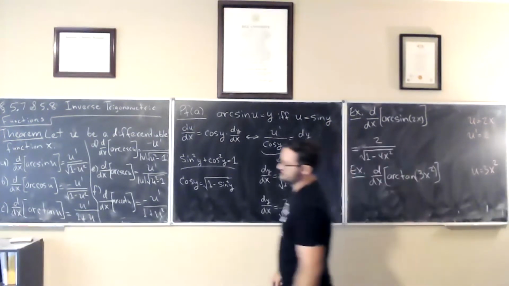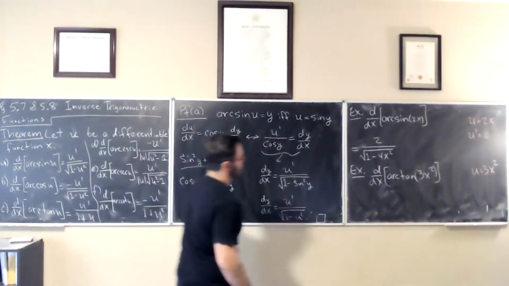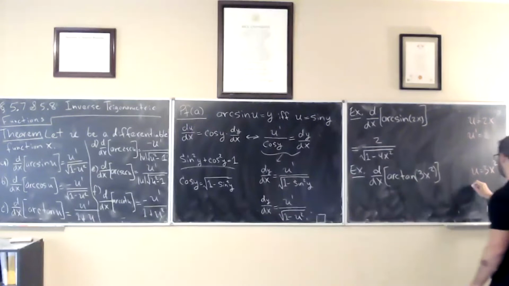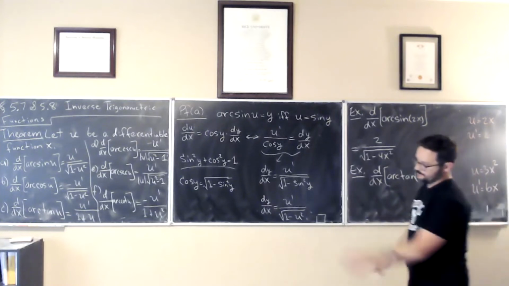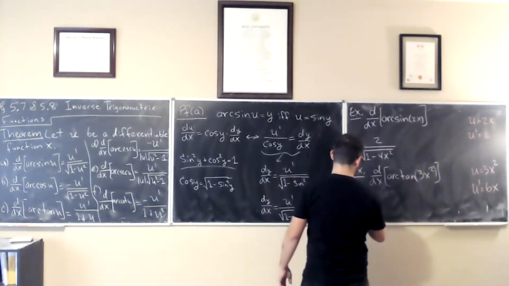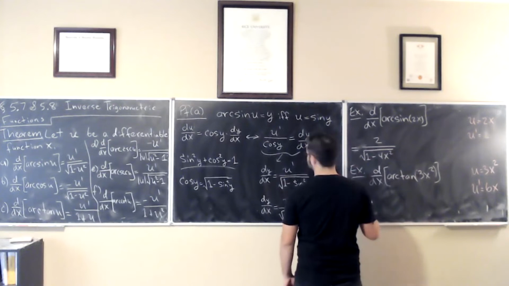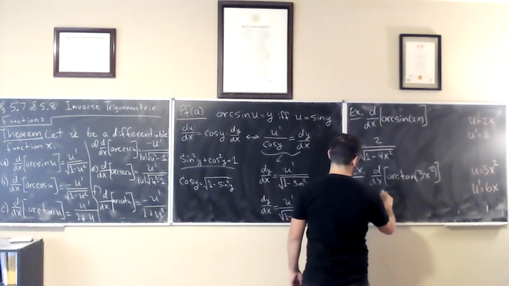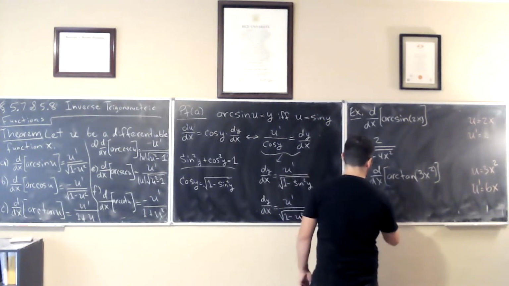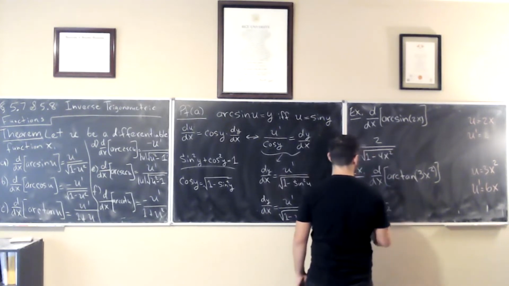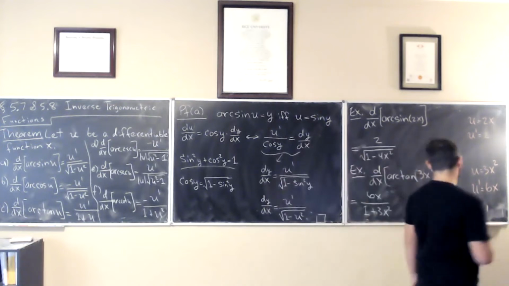And it looks like we're going to need to know the derivative of u. So u prime is going to be 6x. And then just plug in. So the 6x all over 1 plus 3x squared. That's it.